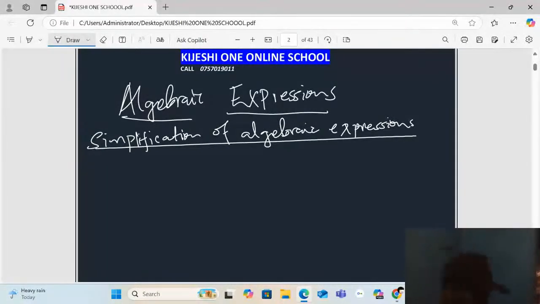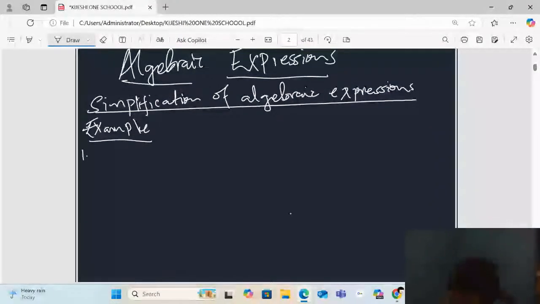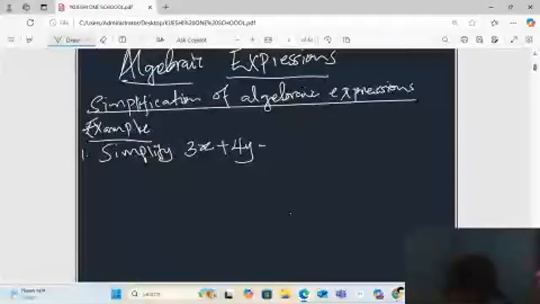Now, let's look at the first example. The question asks us to simplify 3x minus x plus z plus 3y.